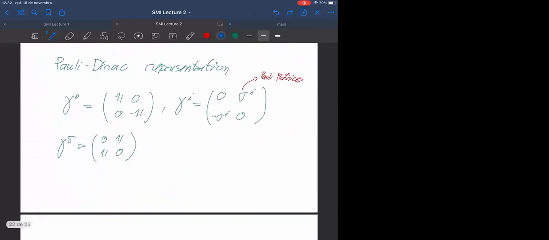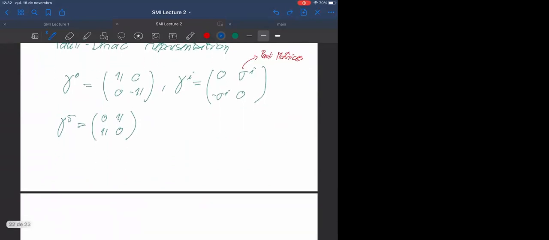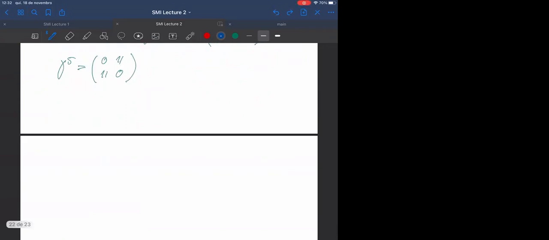There is another representation. This Pauli-Dirac representation is the one that we are going to use in what follows. But there is another representation, which is in fact more convenient when you are doing particle physics calculations, when you go to a more realistic context. Another possibility is the Weyl or the chiral representation.